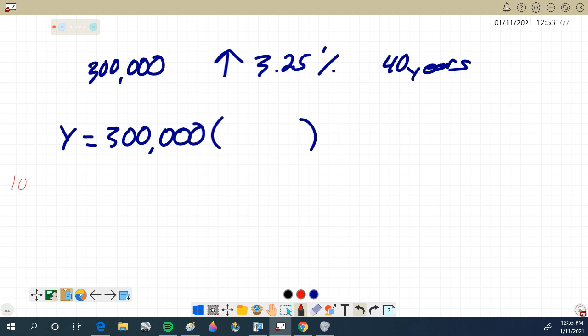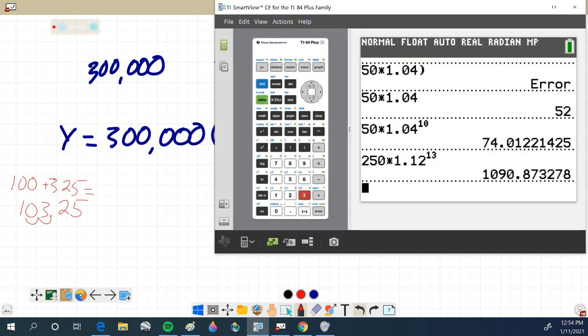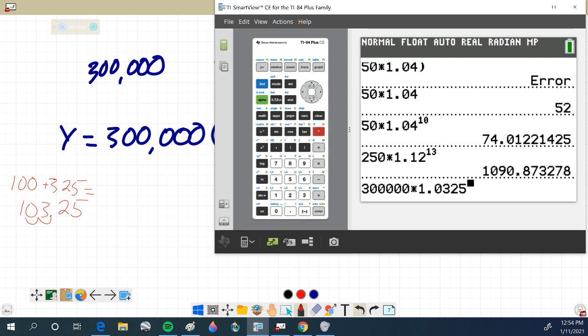So you always take 100 minus that, or sorry, plus that, which is 103.25, and then we move that decimal twice, and I get 1.0325 to the 40th. So 300,000 times 1.0325 to the 40th.